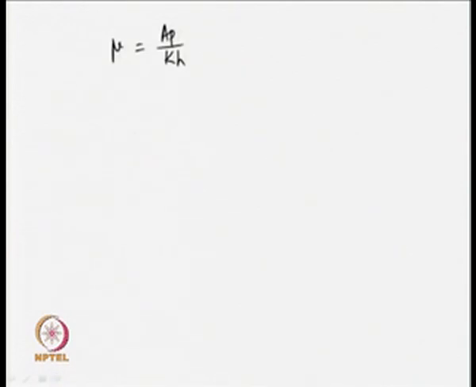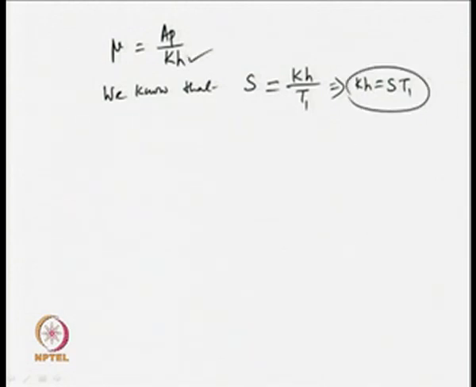Then we know that the slope of the output signal can be given as KH upon T1, which means KH is equal to S T1. So, substitution of this KH in this denominator gives us mu is equal to AP upon S T1.